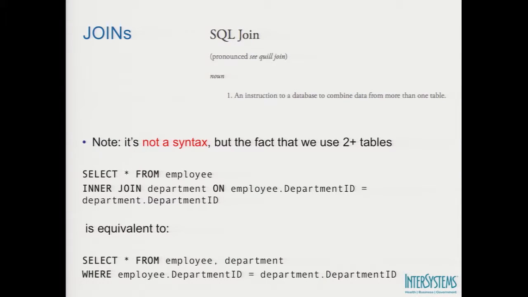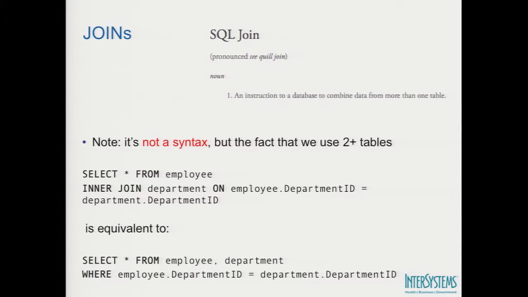Syntax number 1 and syntax number 2 are functionally equivalent. Everyone who received the classic training in SQL would say, hey, you should never use syntax number 2 because it's not apparent, not right. And it really doesn't matter. The fact is we need to touch more than one table to produce results.